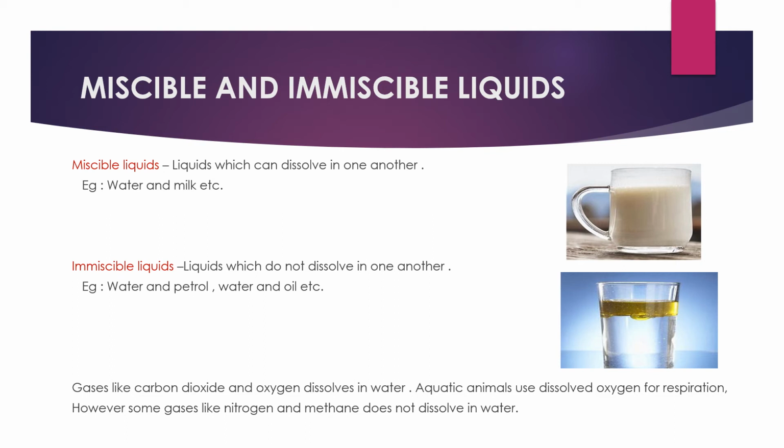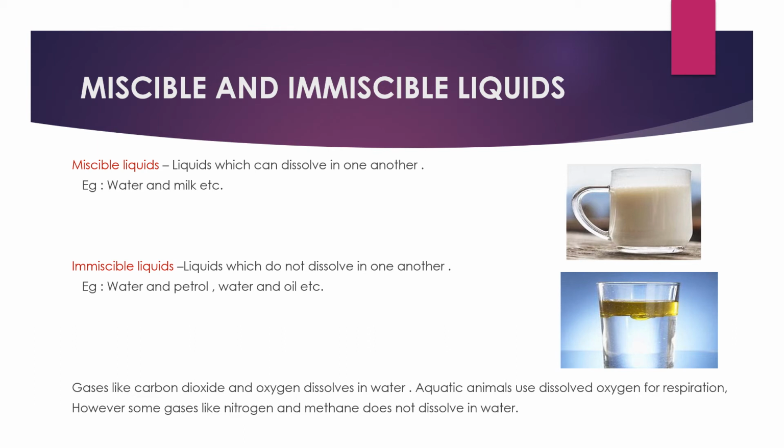So these are known as miscible liquids. Second is immiscible liquid: liquids which do not dissolve in one another. Examples: water and petrol, water and oil. Here you can see the picture. When we put oil in a glass of water, you can see that the oil is floating above and the water is at the bottom. So these are called immiscible liquids.